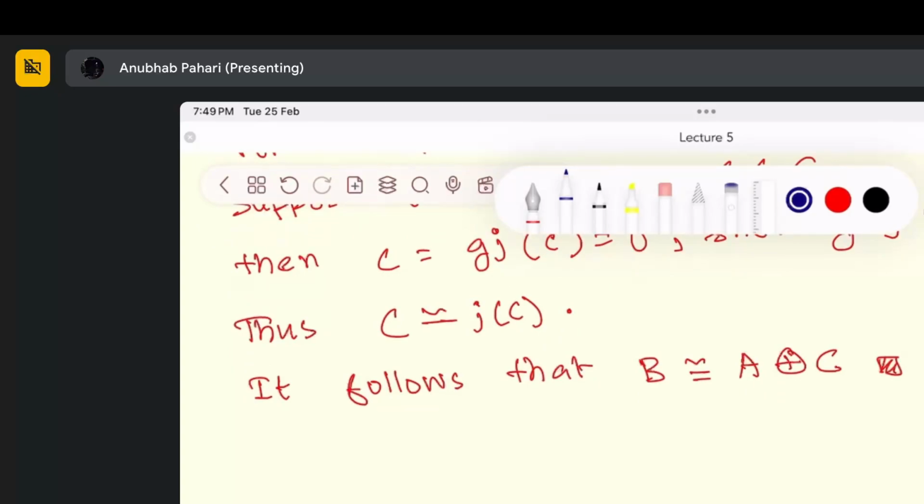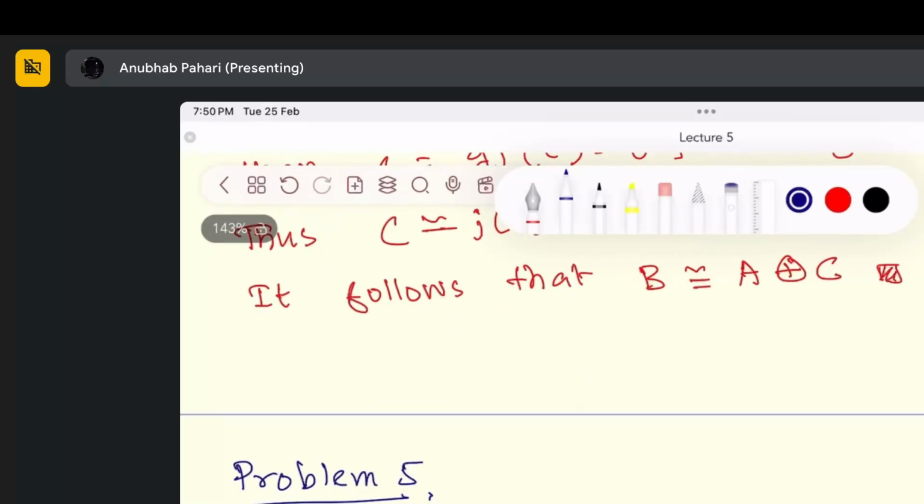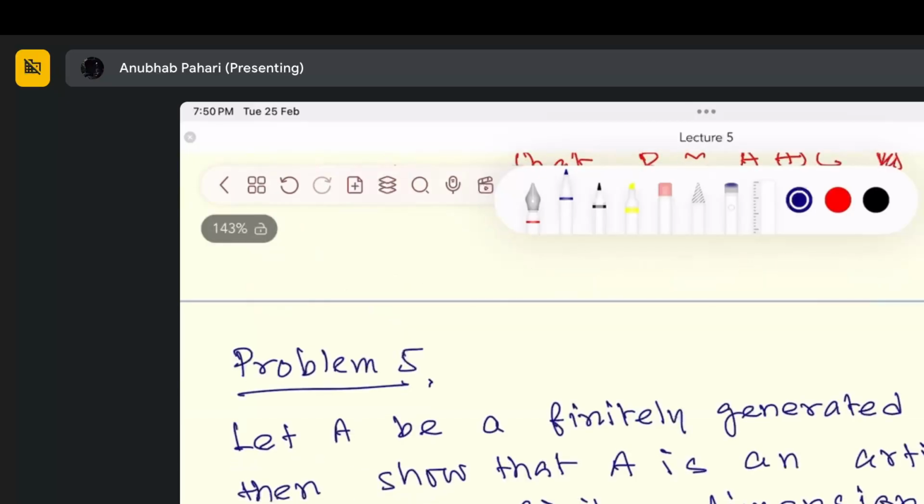Then show that A is an Artinian ring if and only if A is finite dimensional as a K vector space. Okay, think for this 5 to 10 minutes, then I will start.